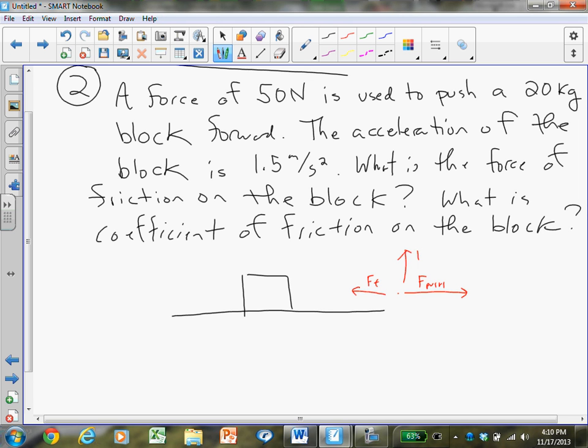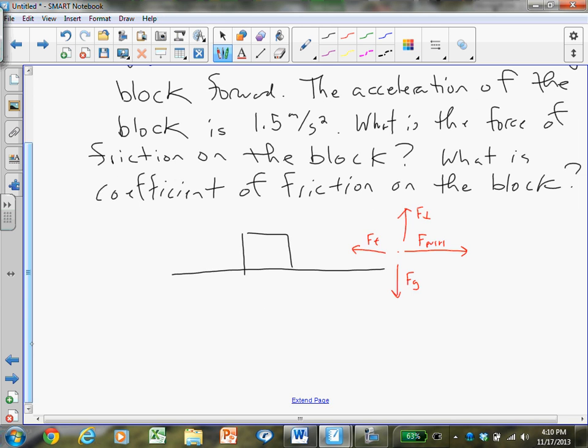Same F perpendicular and the same Fg. So we have the second law, and the sum of the forces isn't zero, it's m times a. We have a winner minus a loser, or the push force minus the friction force equals the mass times the acceleration.